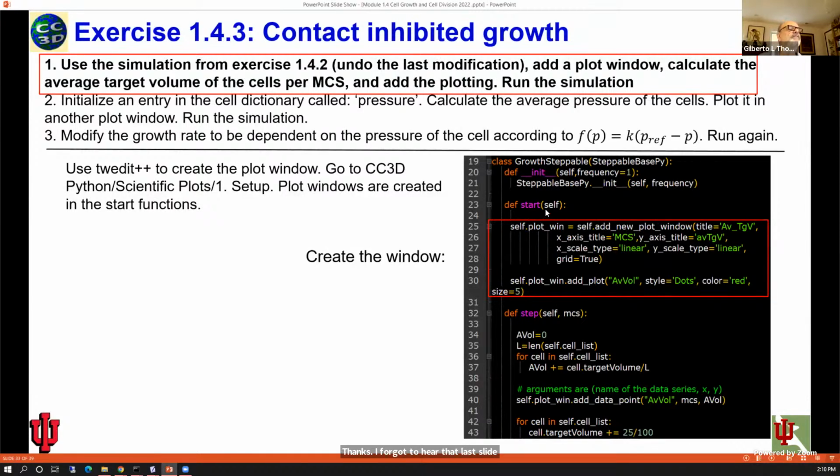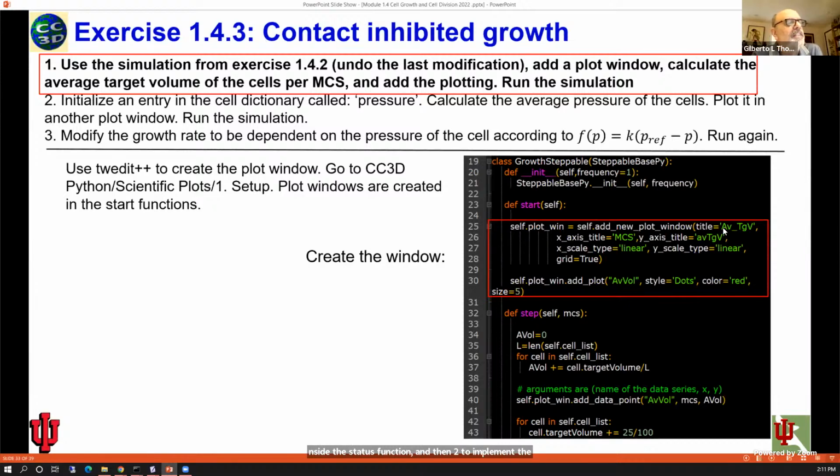Here, the start function is the place where you create the plot window, the graphical window, to make the plots. So you go to CC3D, Python, Scientific Plots, 1 setup, and click, and those lines will be added in the start function. Actually, in reality, you have to put your cursor inside the start function, and then click to implement those lines.